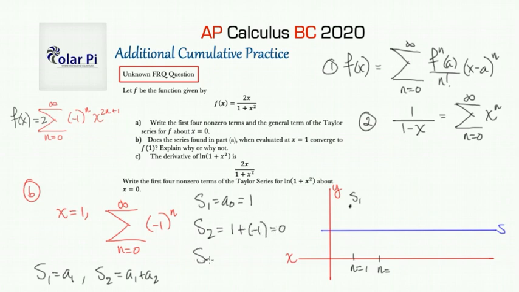And then s3 will be, well, it's going to be s2 plus a3, right? Or since the first term is a0, it's going to be a2 actually. And so now we're going to add positive 1. So we're going to have positive 1, and then the next will be 0. So what's happening is, let's say that s is some value in between and this is positive 1.